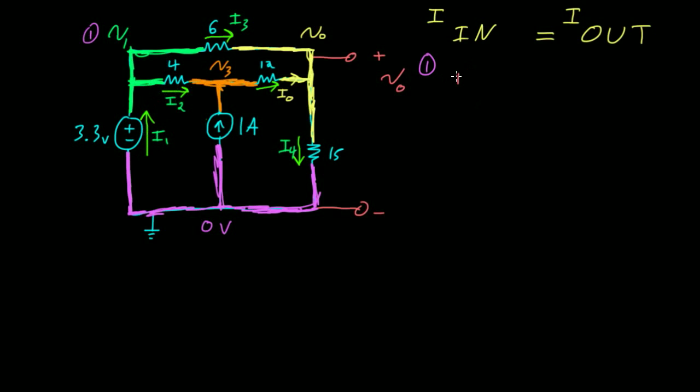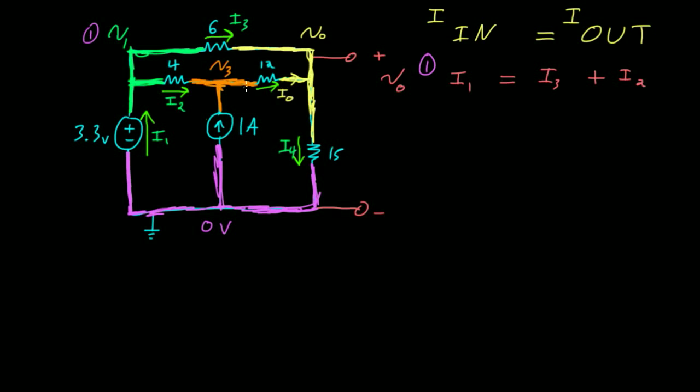So I1 flows in, and that's going to be equal to the current that flows out of the node. So I3 flows out, and I2 also flows out.